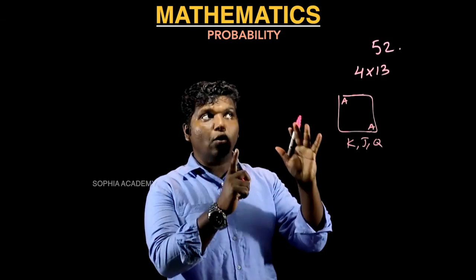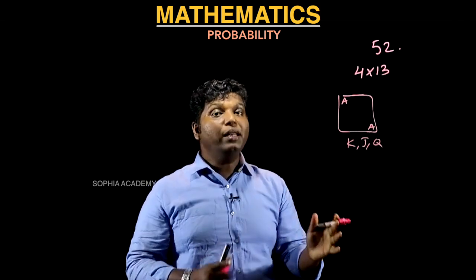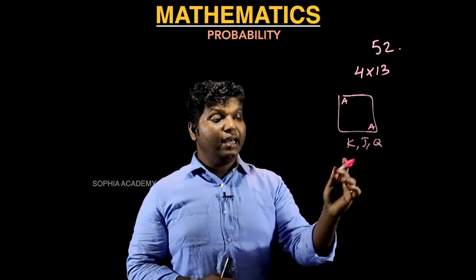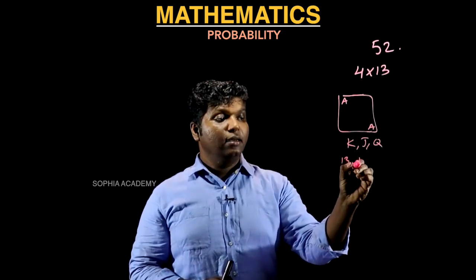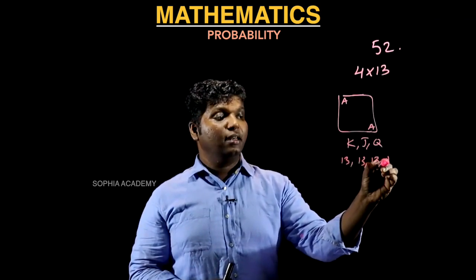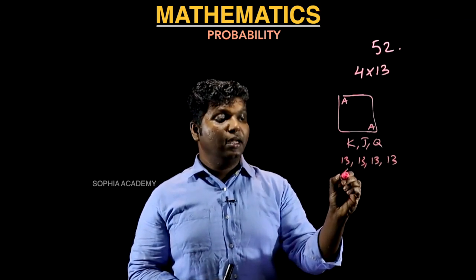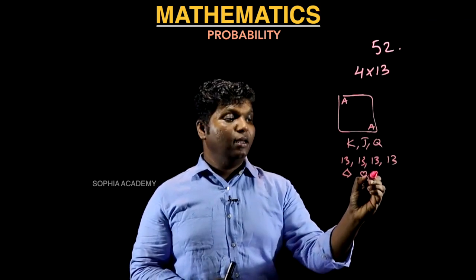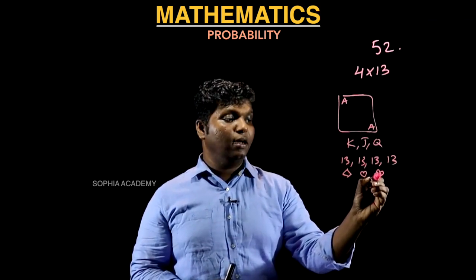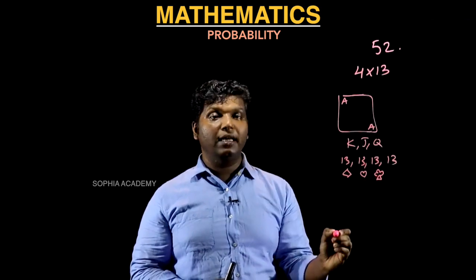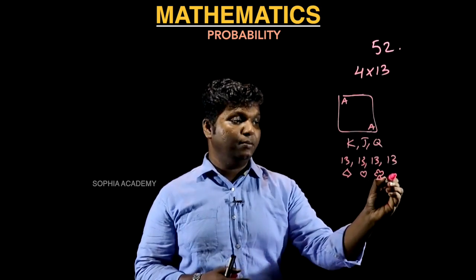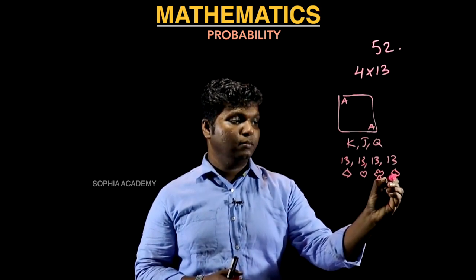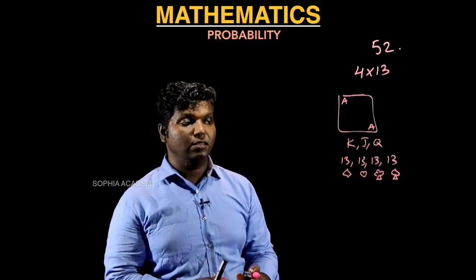So inside this deck of 52 cards, how many aces are there? I told you they are categorized into 13, 13, 13 and 13. That means 13 diamonds, 13 hearts, 13 clubs, and 13 spades. These are the symbolic representations.